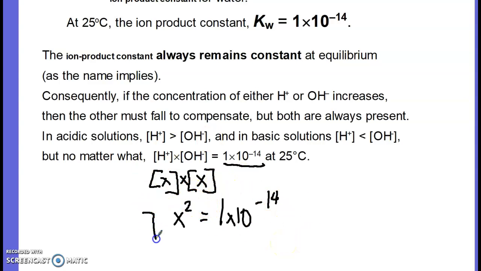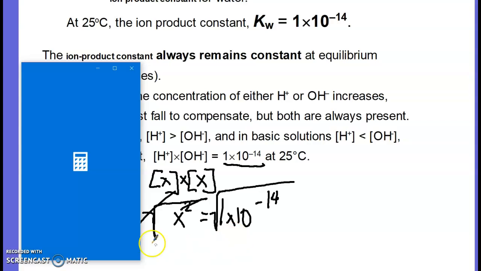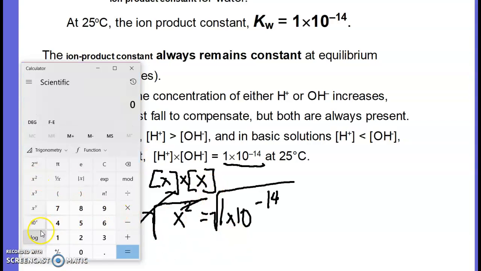If you take the square root of both sides, the concentration of hydroxide and the concentration of hydronium would be, drum roll please, open this calculator up, square root of 1 times 10 to the negative 14th.